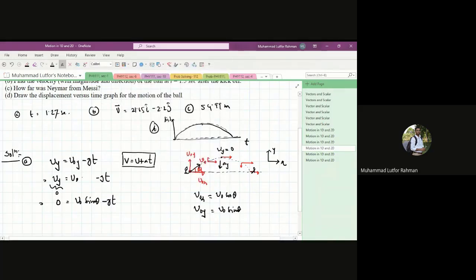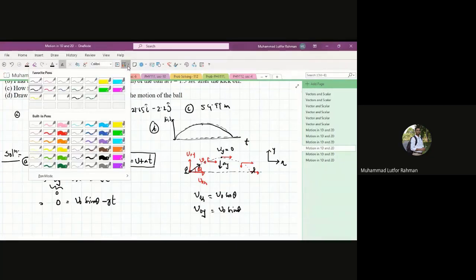It's V naught sine theta, because I'm taking the vertical component. So definitely it's going to be V naught sine theta, not cos theta. I'm dealing with the vertical component right now, not the horizontal component.